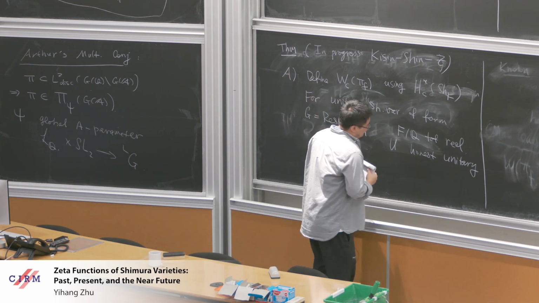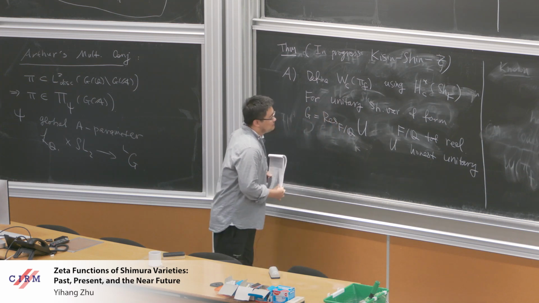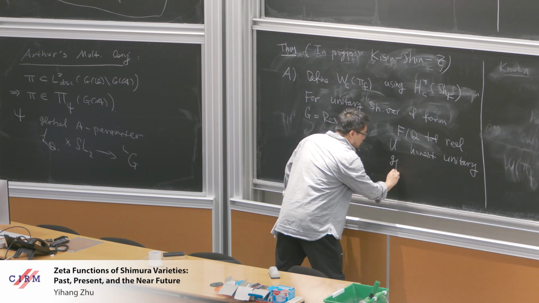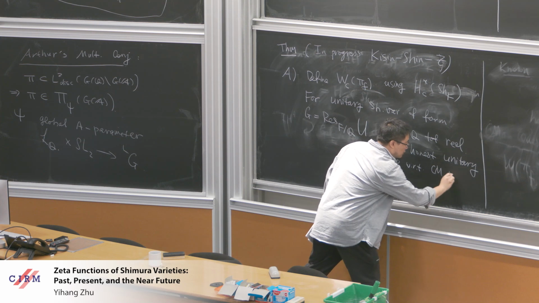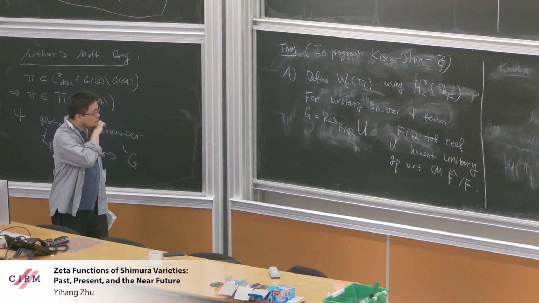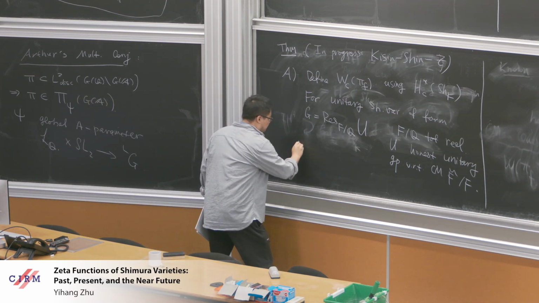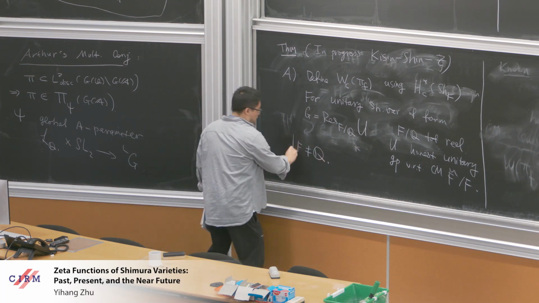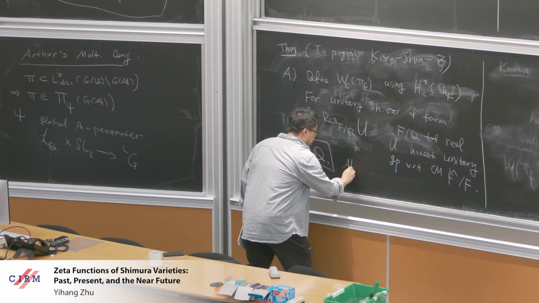So U is an honest unitary group with respect to some CM extension F tilde over F. And here an important assumption is that this F is not equal to Q. But we still allow arbitrary signature.